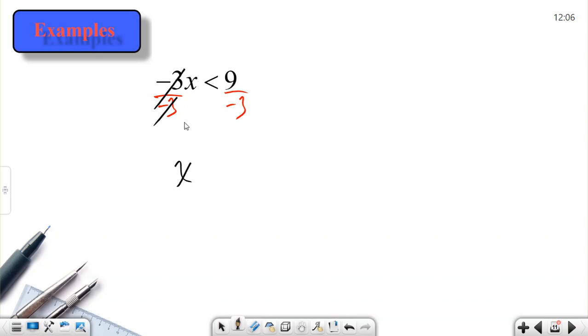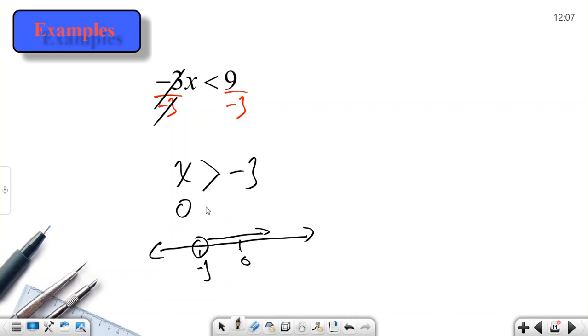Here don't forget, when you divide both sides by a negative number, the inequality sign changes. 9 divided by minus 3 is negative 3. x is greater than negative 3. Let's mark 0 and minus 3, and put a circle because it's not equal. So greater than minus 3, the right side is true. Why? If you check 0, 0 is greater than negative 3.